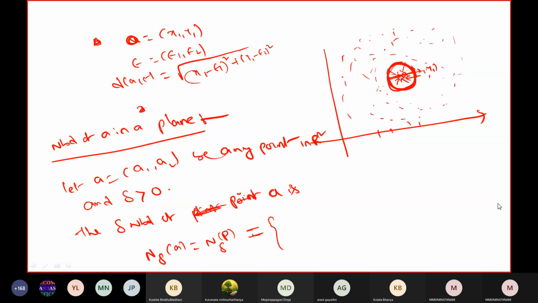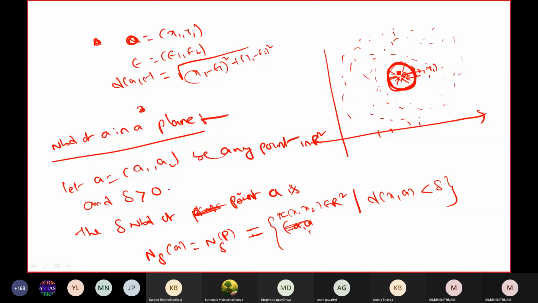So this N delta of A, or N delta of P, will be nothing but the set of x equal to (x1, x2) in R square such that d of x comma A is less than delta.